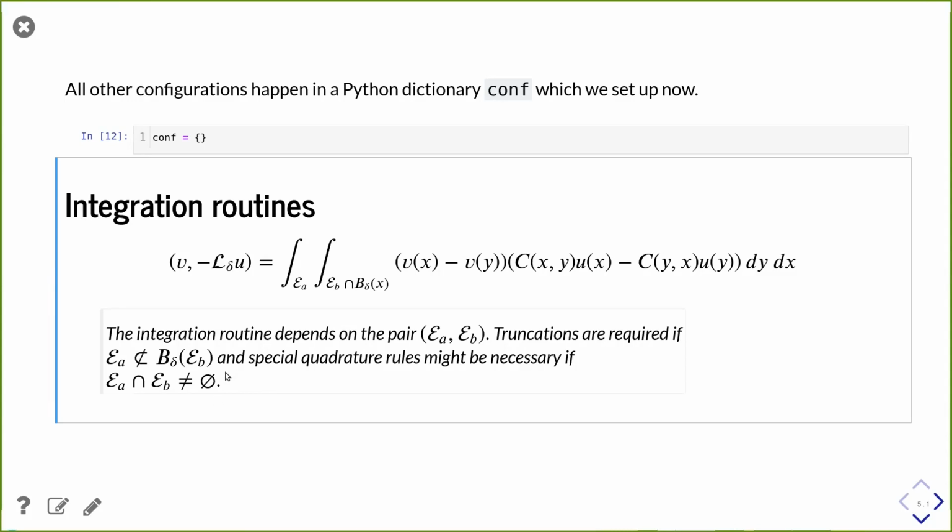So for example, if you use a fractional type kernel, you should use 2 times or 3 times h as your delta. Otherwise, there might be an overestimation, okay? So that's just a small note about the integration routines. But okay, we have those 2 cases, and we now want to set up in the configuration the quadrature rules for those cases.